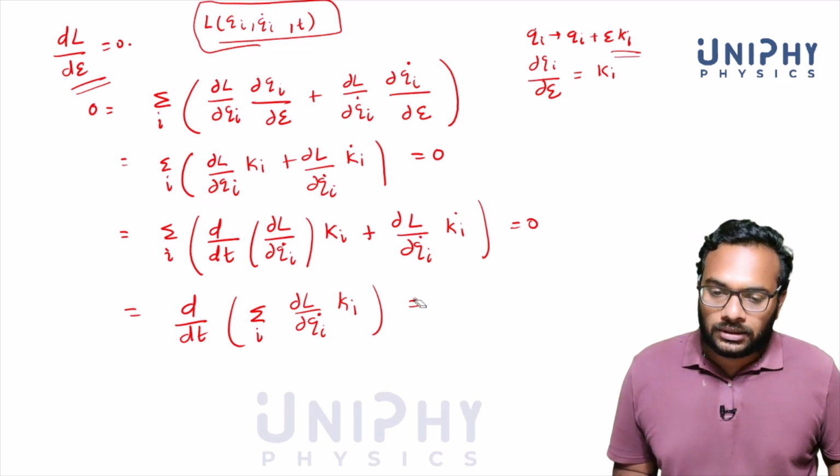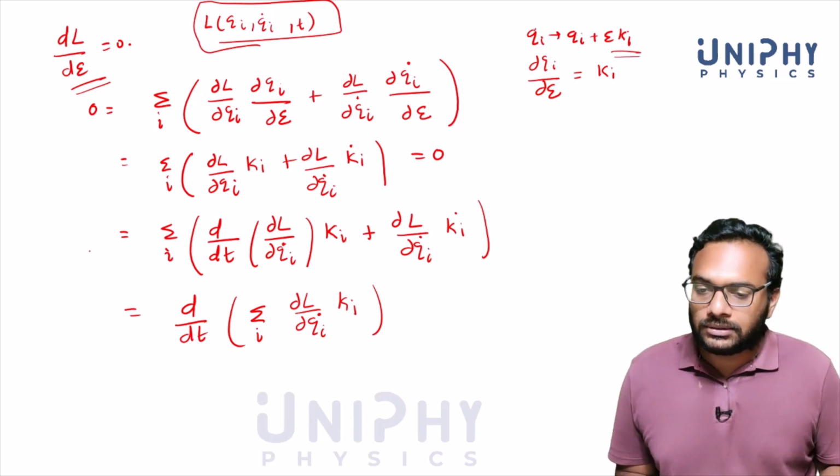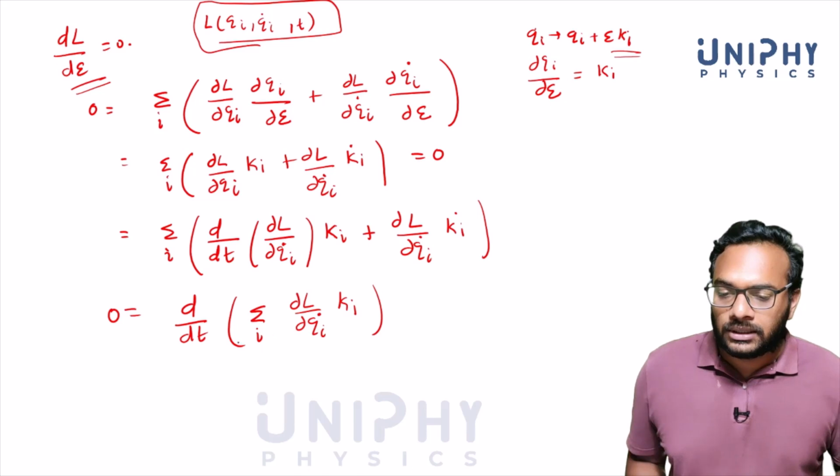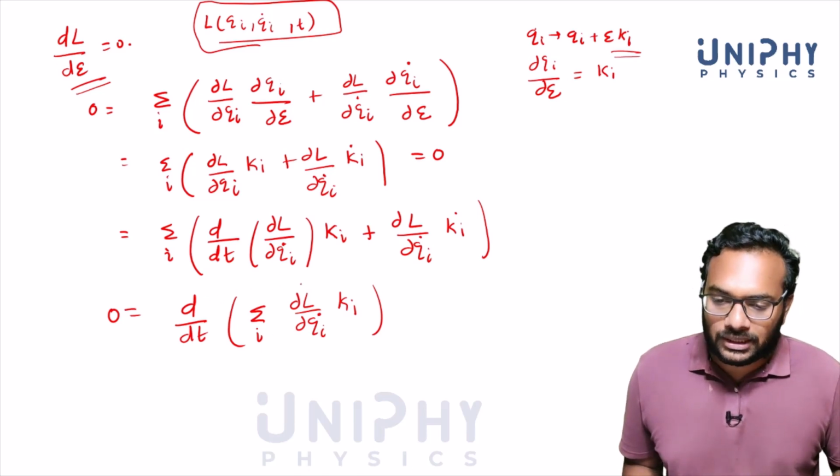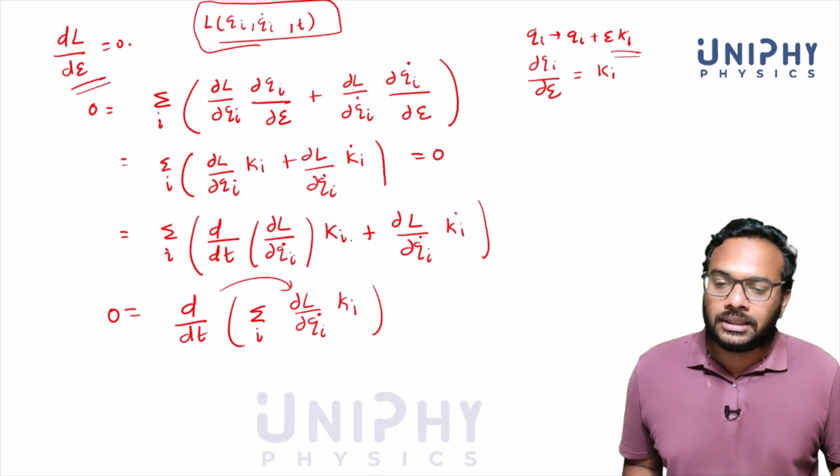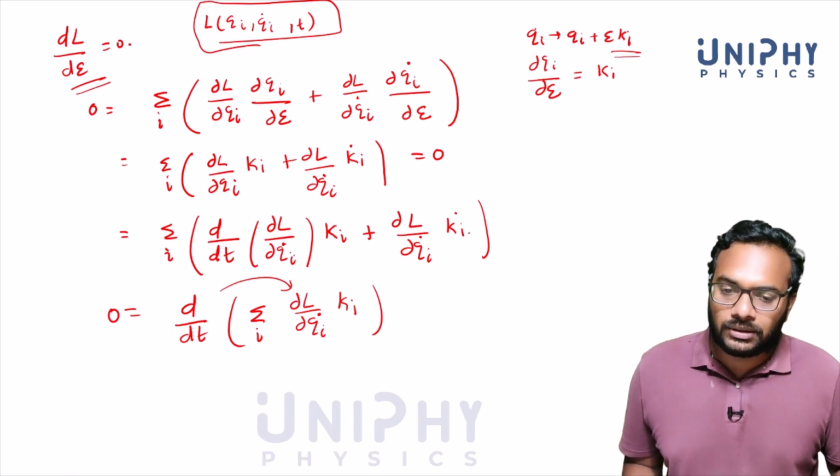We are demanding this is equal to 0. You can check this. If you make an expansion using the product rule, you'll get d by dt of dou L by dou qi dot multiplied by ki plus dou L by dou qi dot ki dot.